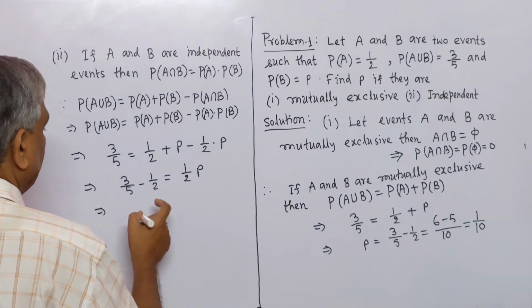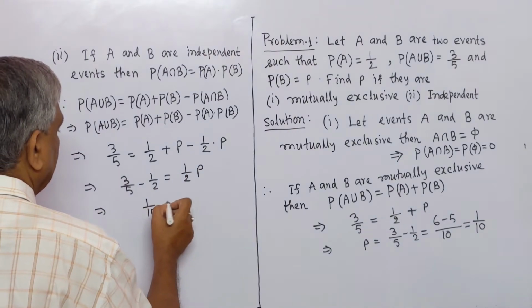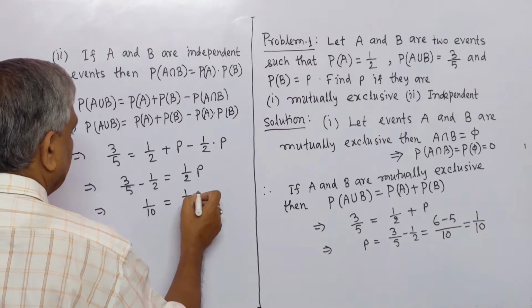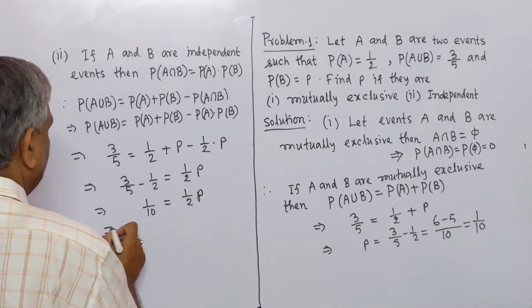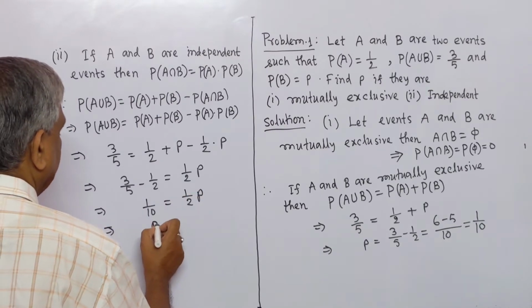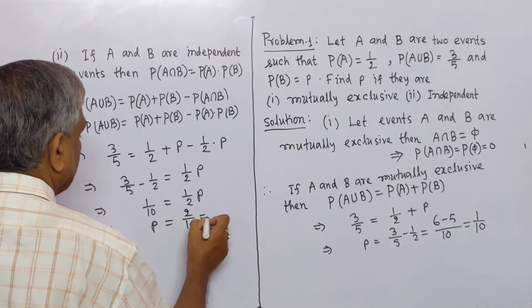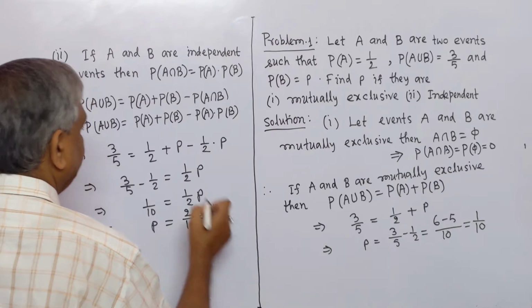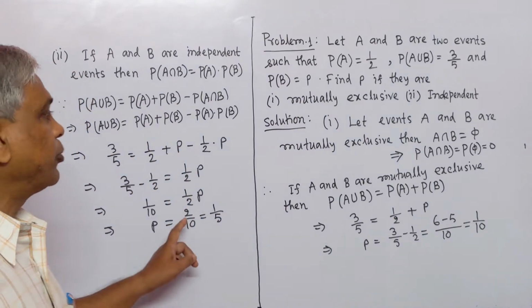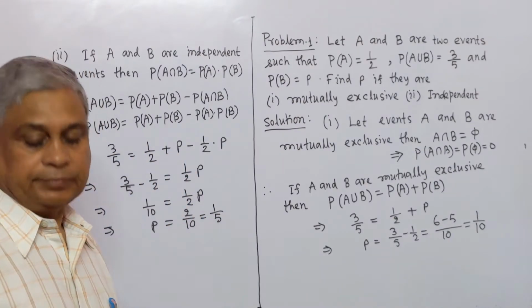Here this side 1 by 10 equals half p. This implies that p equals 2 by 10, means 1 by 5. So our problem is solved.